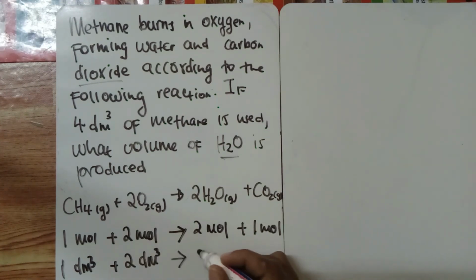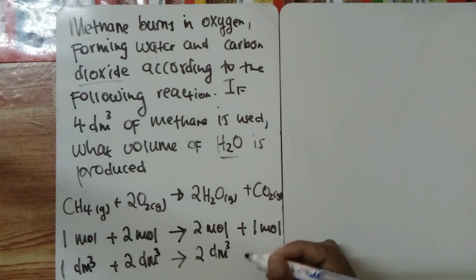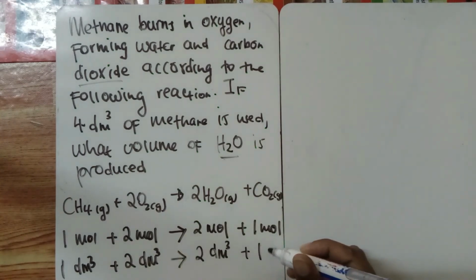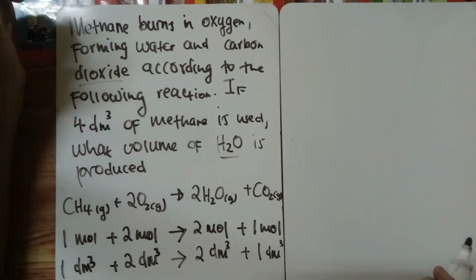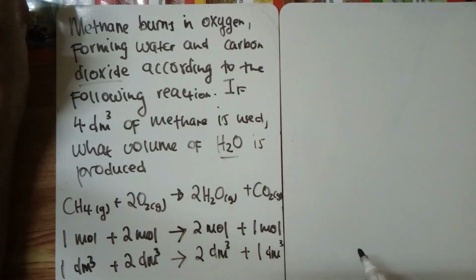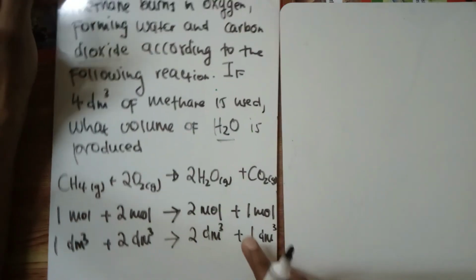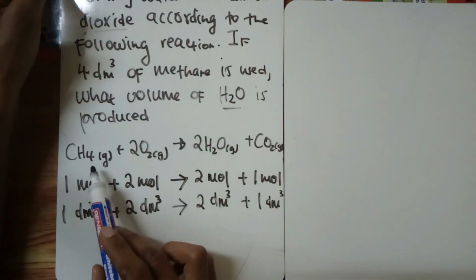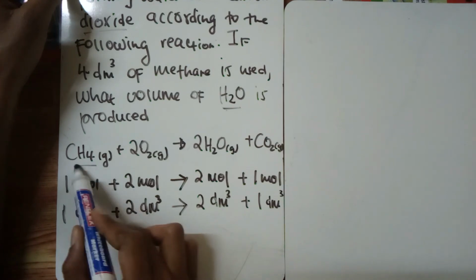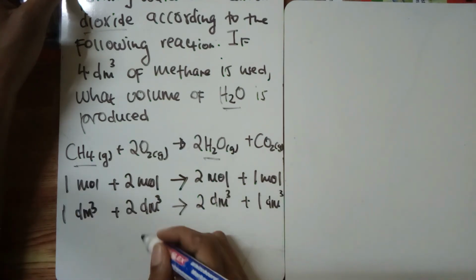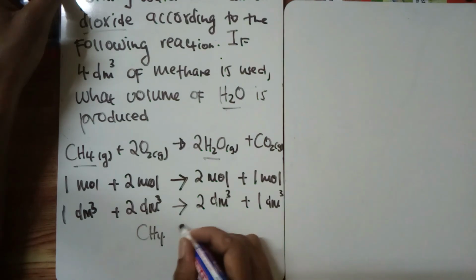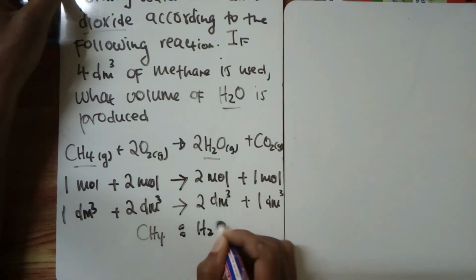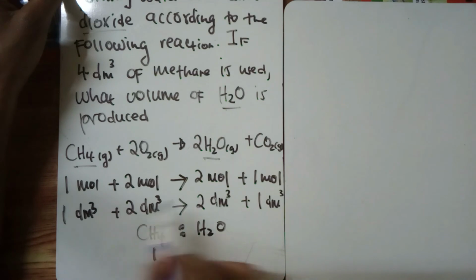That will give us 2 cubic decimeters of water and 1 cubic decimeter of carbon dioxide. Now it's just a matter of checking what our ratio of methane to water is.